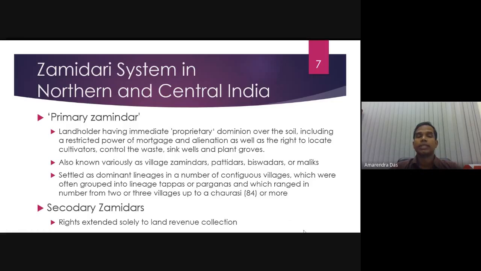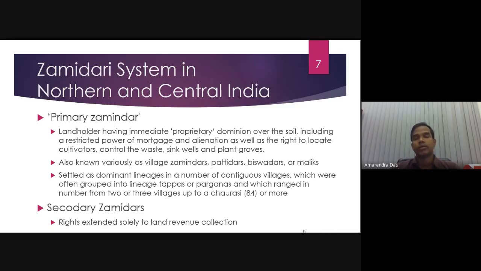They settled as dominant lineages in a number of contiguous villages, which were often grouped into lineage tapas or parganas, ranging from 2 to 3 villages up to 84 parganas. You know that in West Bengal now also there is a district called 26 Pargana. That is the primary zamindar.